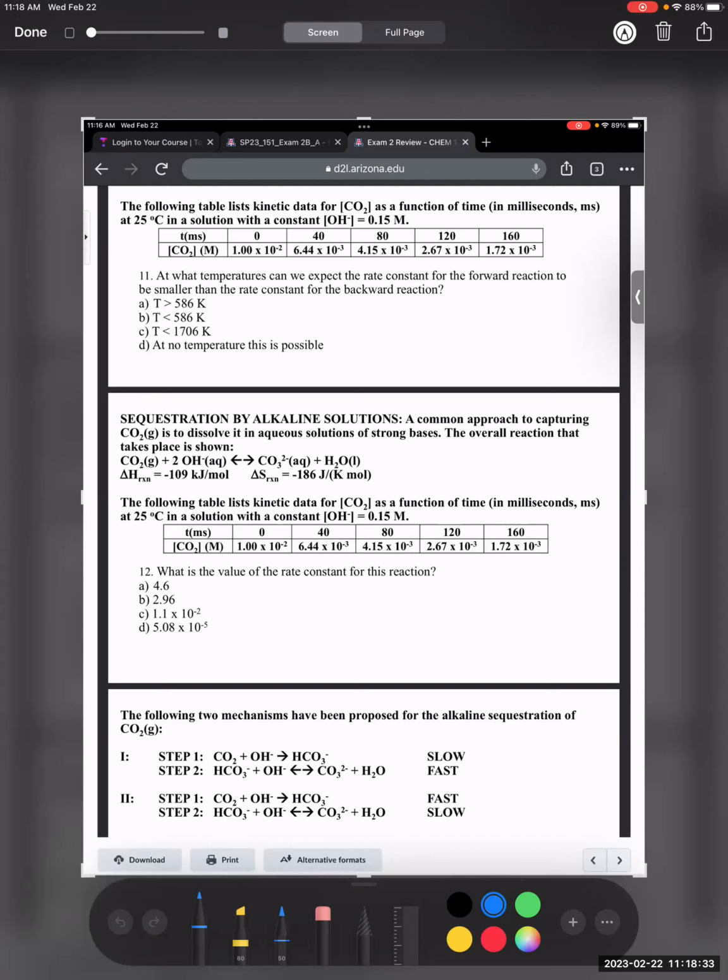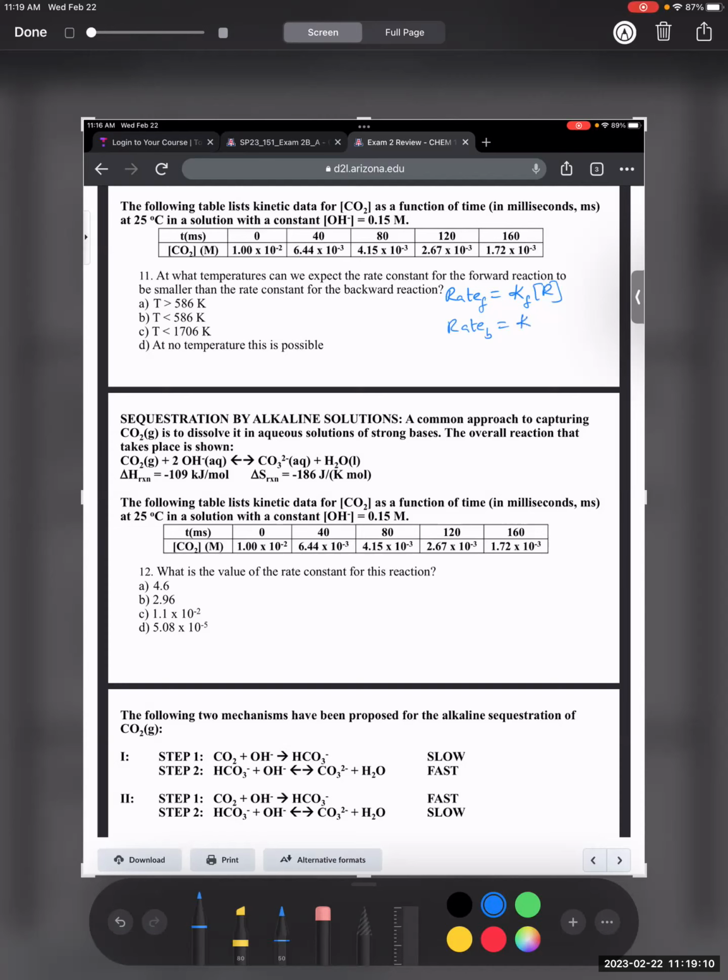So I'm going to mention this here so that we can learn something. We have the rate forward. Rate forward is the rate constant for the forward reaction times the concentration of the reactants involved in the forward direction. Let's say the reactants for the moment. And then we can determine the rate for the backward or reverse reaction.